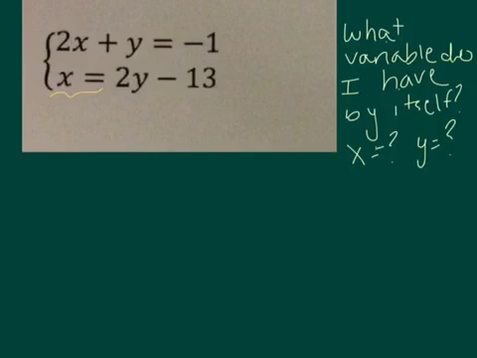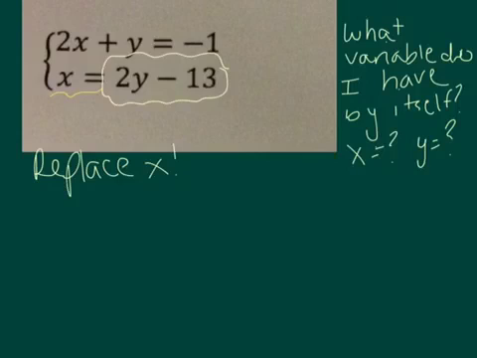So that means I am replacing x because it was x equals. What am I plugging in for x? What it's equal to. 2y minus 13 is going where x is. What I just wrote, that bubble around the 2y minus 13 and the arrow to x, needs to be on your paper.